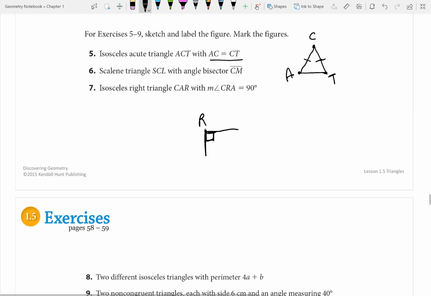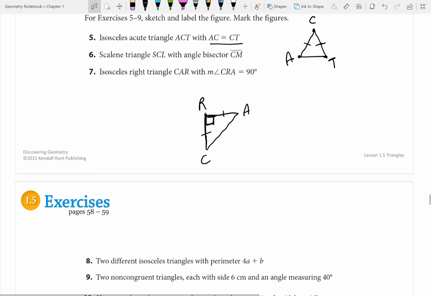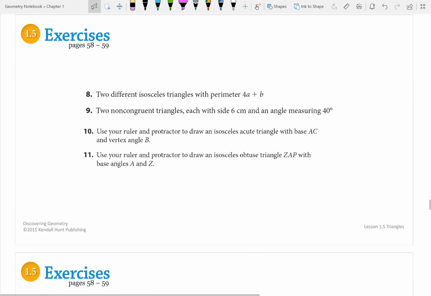It's an isosceles right triangle. So I'll mark that here. Isosceles right triangle. The measure of CRA equals 90 degrees. Yep, that's it.